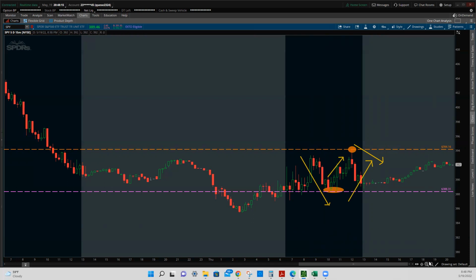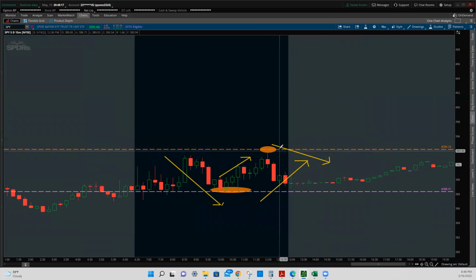Basically, if we zoom in here a little bit, at this resistance level of 394, this is telling you that there are aggressive sellers here that are selling this stock at prices and quantities that usually you wouldn't think about volume most of the time.